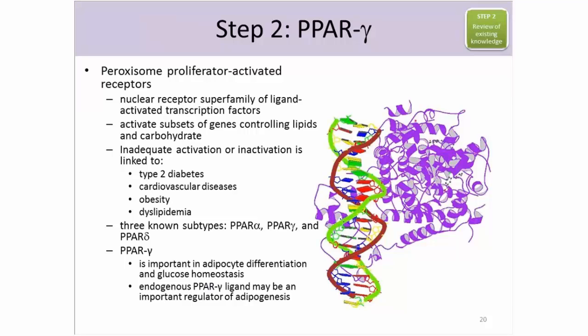PPAR gamma is also another nuclear receptor. It is involved in cardiovascular disease, diabetes, obesity. It has been studied in drug discovery to find something against obesity mainly.